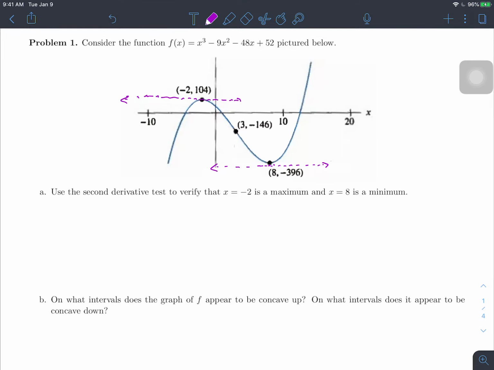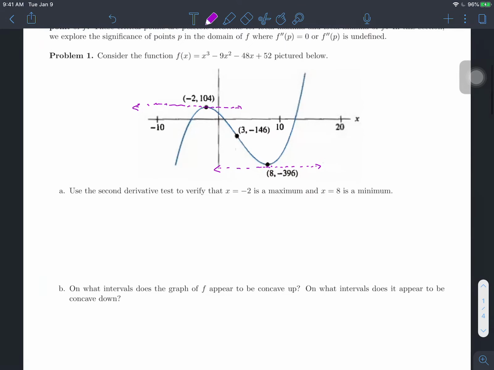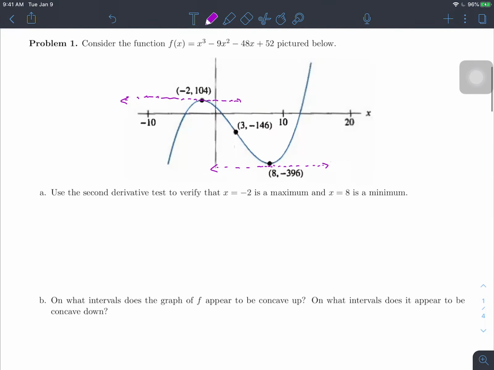If we want to know whether these correspond to a local max or a local min, we can use the second derivative test to verify that the second derivative is positive for a local min or negative for a local max.